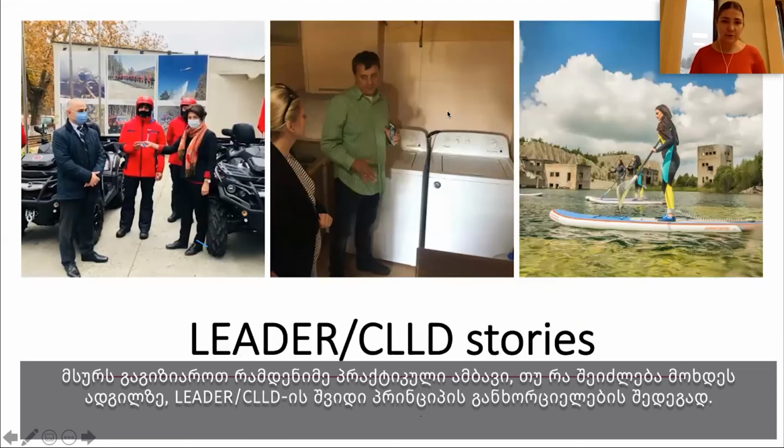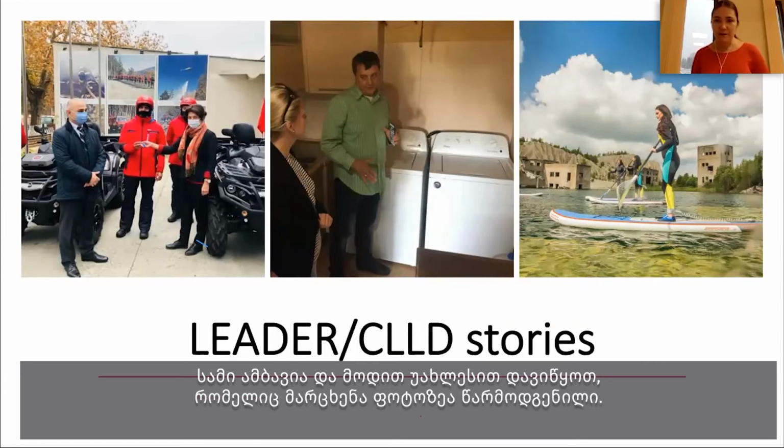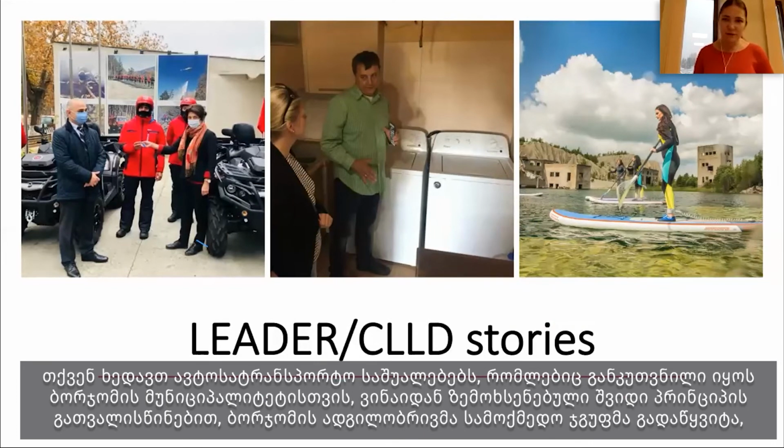I would like to share some practical stories of what can actually happen on the ground as a result of the implementation of those 7 Leader CLLD principles. There are 3 of them. Let's start with the most recent story, on the left-hand picture. Now you can see some vehicles, ATVs.